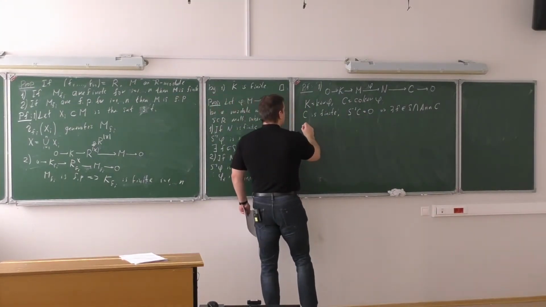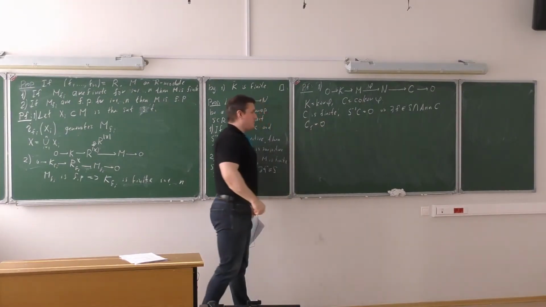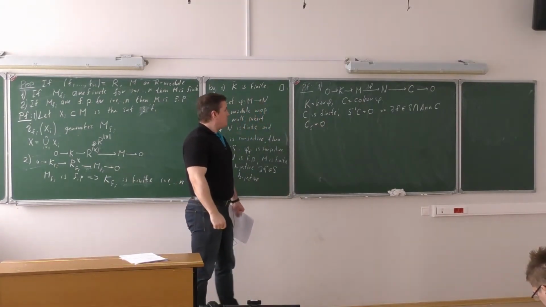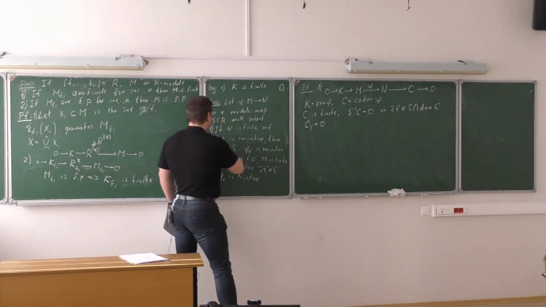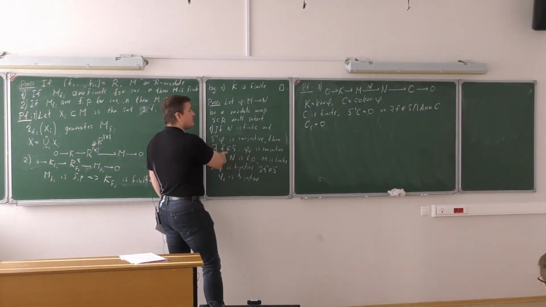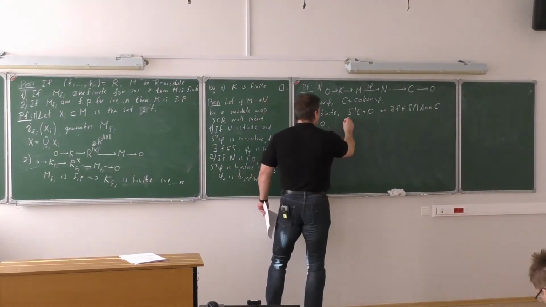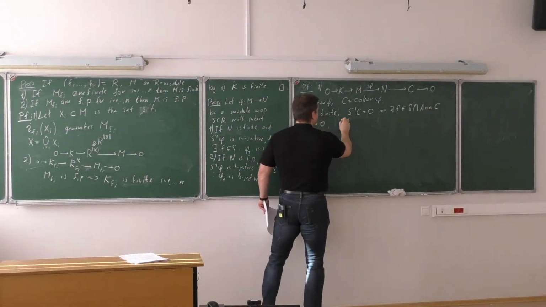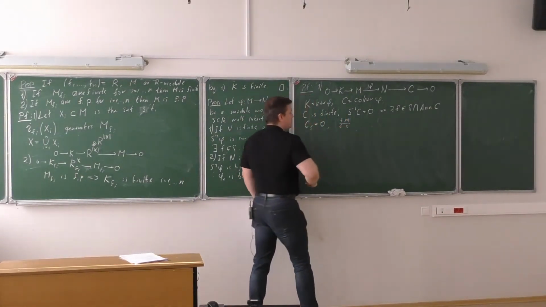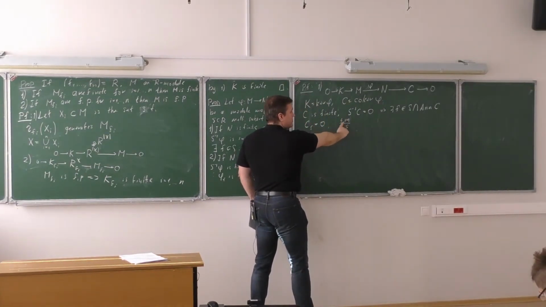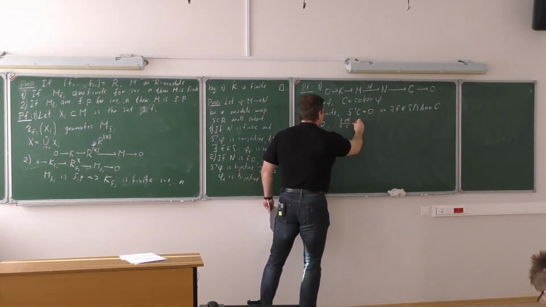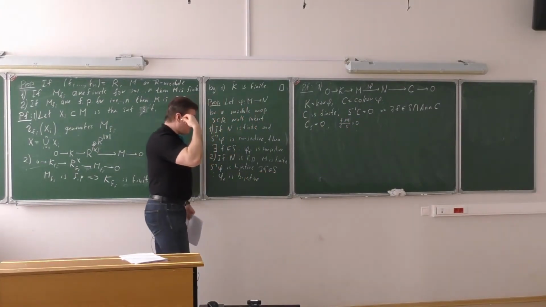If you localize C at this element f, the result is 0, because f is in the set S, so this condition is satisfied. Since f annihilates all elements of C, this is clearly 0: take any element, divide by s, and f·m is 0, since f is in the annihilator, so the localization at f is 0.